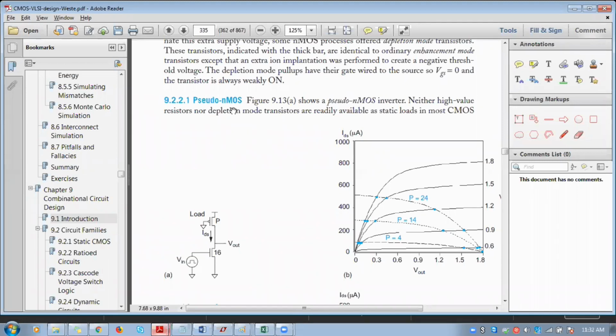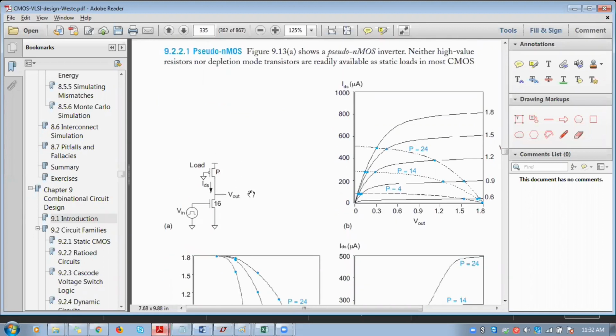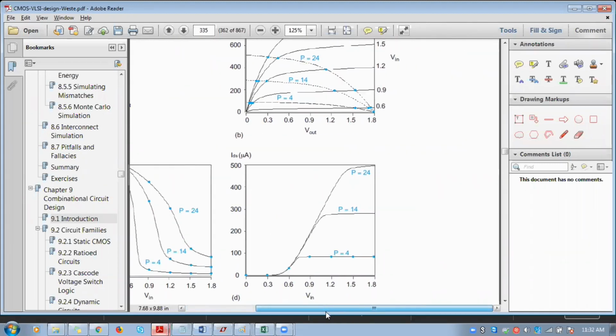According to pseudo NMOS, we are going to replace the entire PMOS structure which is connected in the normal CMOS with a single PMOS, whose input is always grounded. This is the normal connection of a pseudo NMOS circuit.